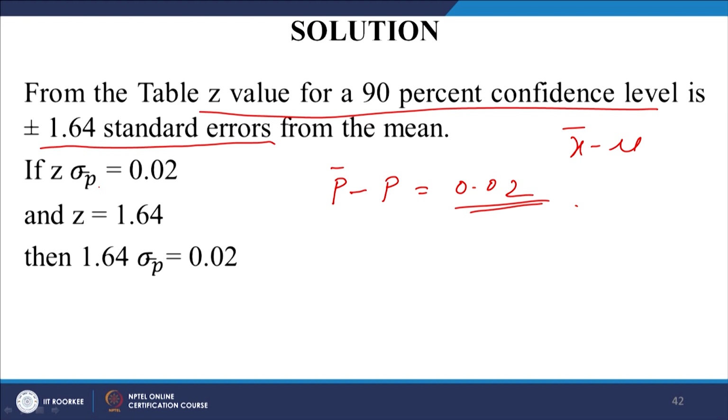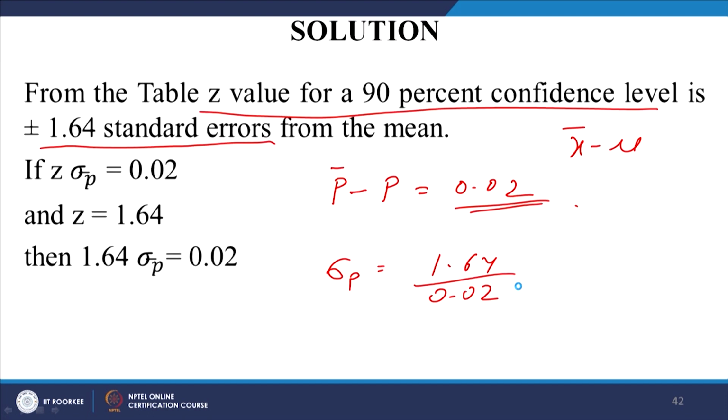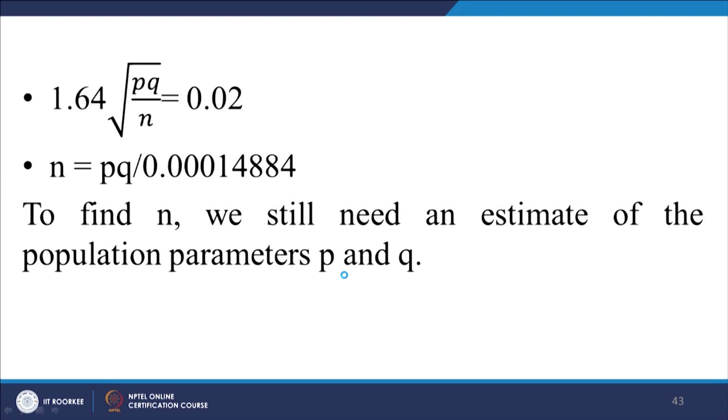So, sigma p, the standard error of proportion, is equal to 0.02 divided by 1.64. Sigma p is nothing but the square root of pq by n, we have already done that.